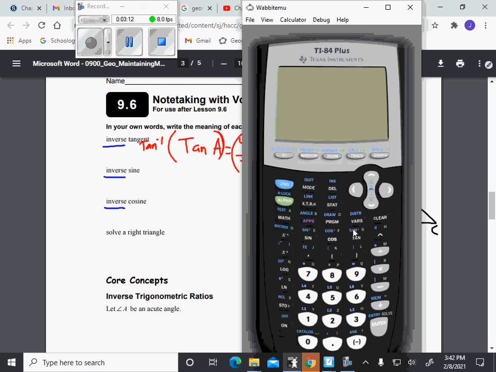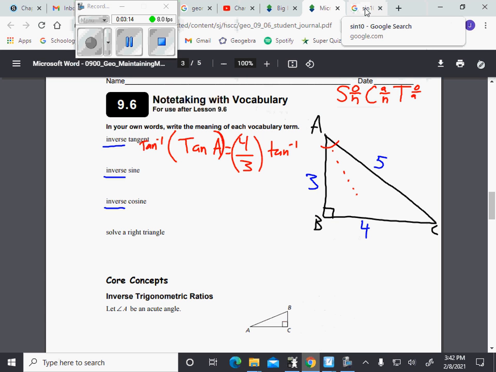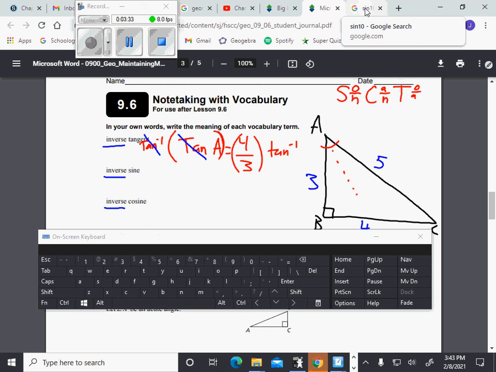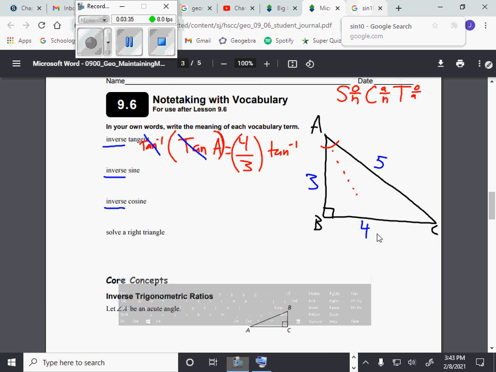If I multiply this by the tangent inverse, this tangent inverse will get rid of tangent. It's just like if we had x minus 5 equals 10. That plus 5 would cancel out our 5. So that's what that tangent inverse does. Whatever we do to one side, we do to the other.